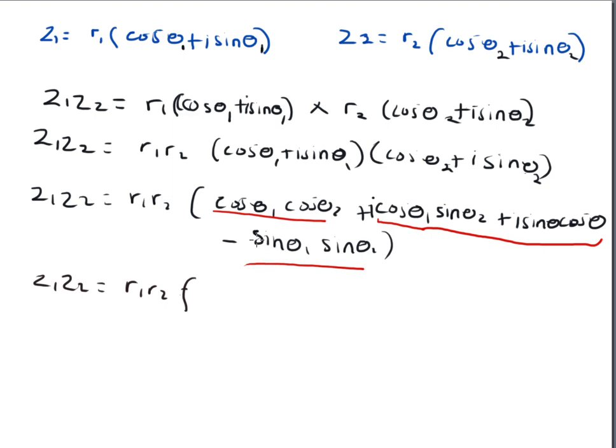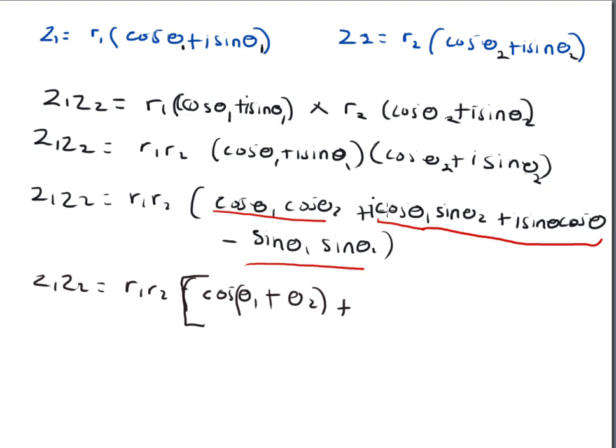So Z1 Z2 equals R1 R2 multiplying what? We have cos of theta 1 plus theta 2. We all get up to this point, right?